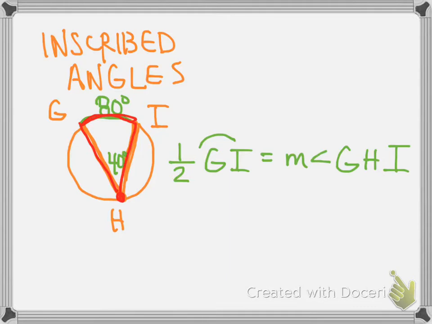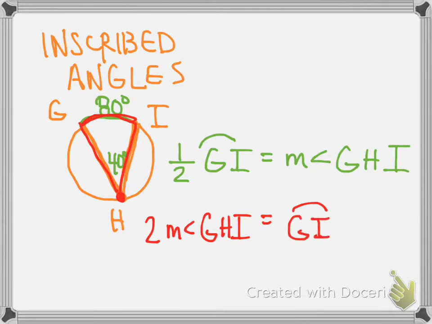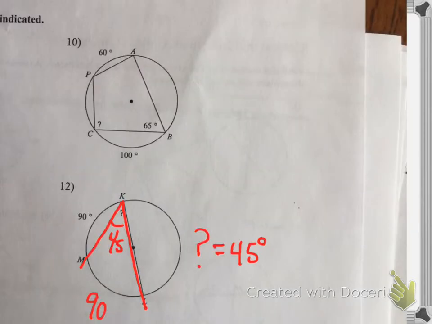So this is like a formula you can use. Half of the arc is equal to the angle. You could do 2 times the angle equals the arc. Hopefully you're thinking in your head. So it's interchangeable back and forth.